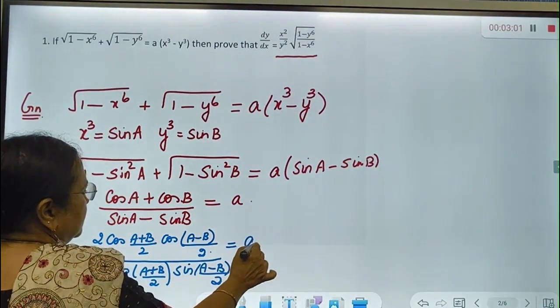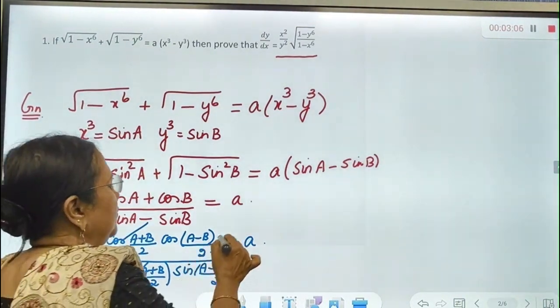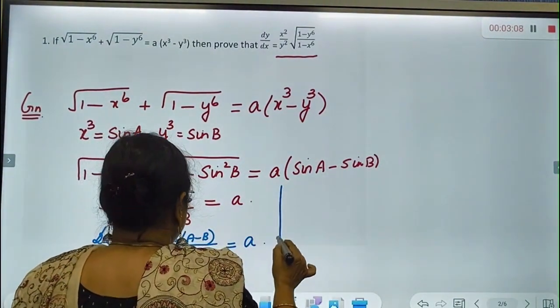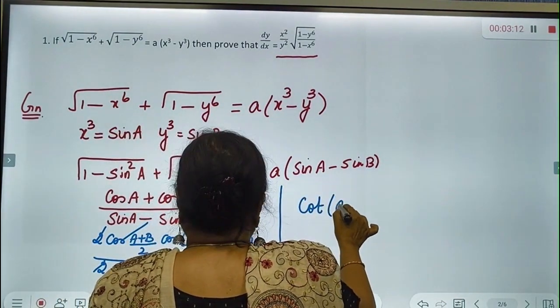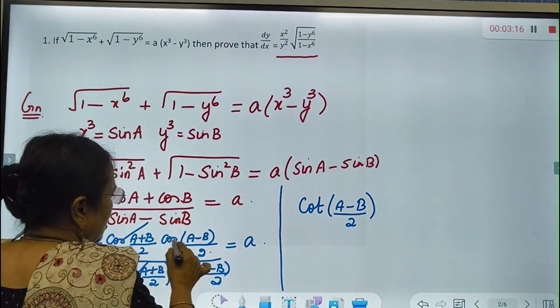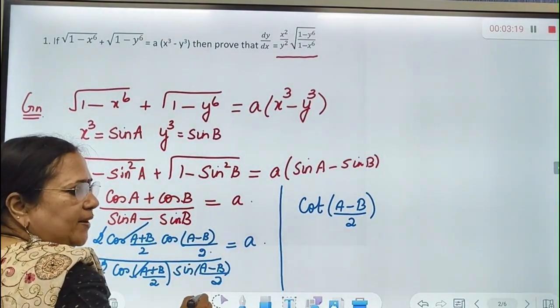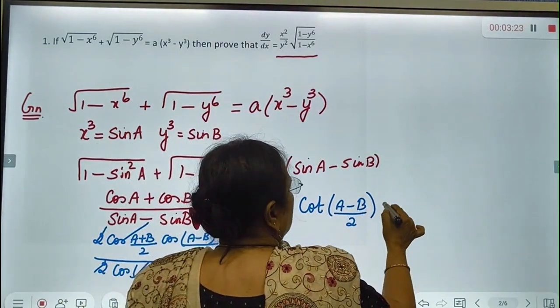This is a. Common terms I am cancelling off, so that this simplifies to cos of a minus b by 2 by sin of a minus b by 2, which is cot of a minus b by 2, which is equal to a.